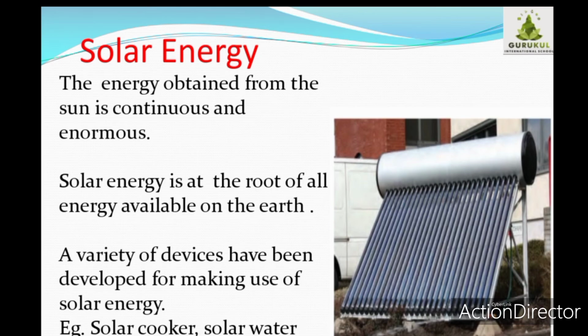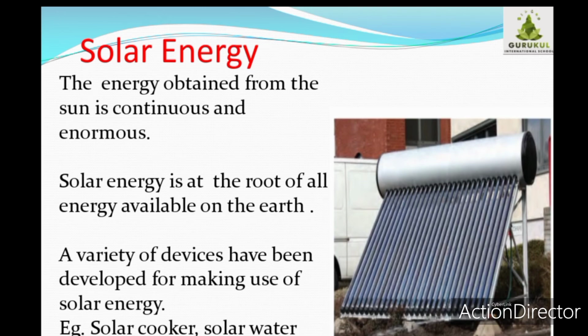Nowadays, human beings have developed various appliances or devices which work on solar energy. So instead of using conventional energies like petrol, diesel or natural gas, what can we use? We can use solar energy for certain equipment to work.